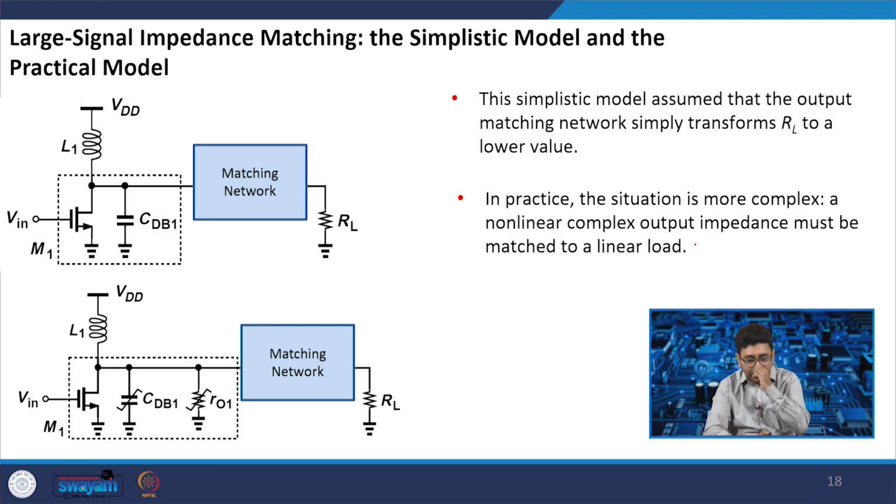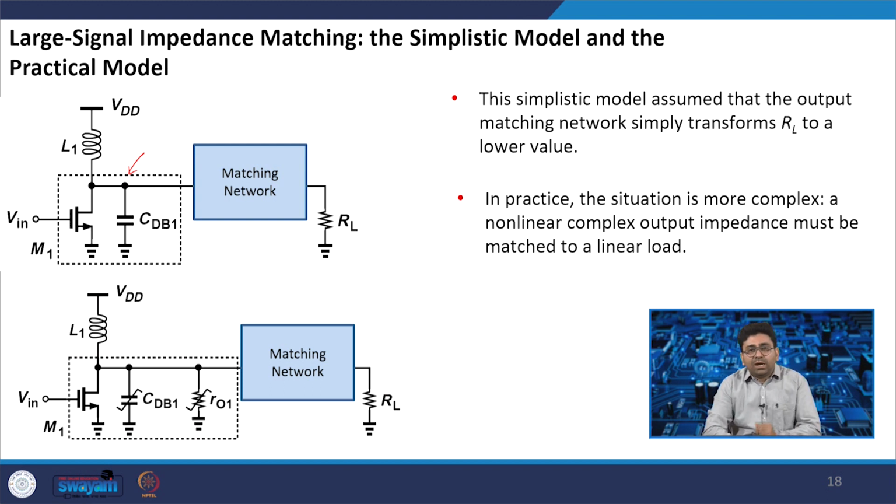Now, up to now, when we discussed the models of all the amplifier classes A, B, C, D, we considered that the transistor's input impedance is constant, and its capacitors and everything are not changing as the voltage swing is changing.